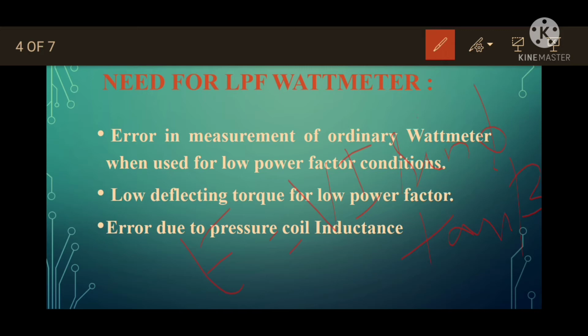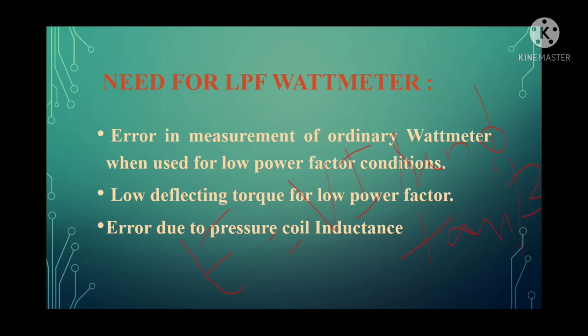So by introducing a capacitor in parallel with the portion of resistance connected in series with the pressure coil, we can eliminate the error due to pressure coil inductance.